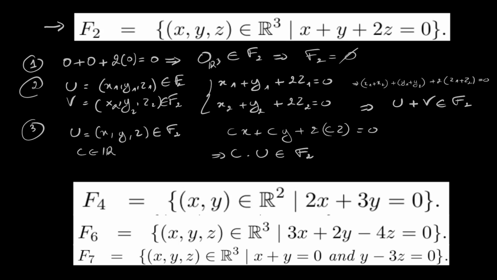If you look closely at the equation of F2, you will notice it is a homogeneous linear equation, meaning it is equal to 0. This is great news because this exact same logic applies directly to the sets F4, F6, and F7.